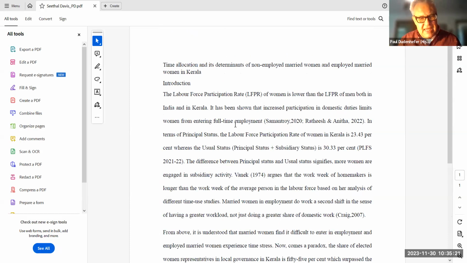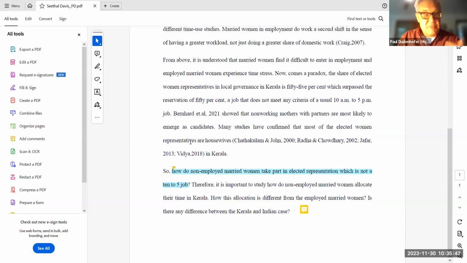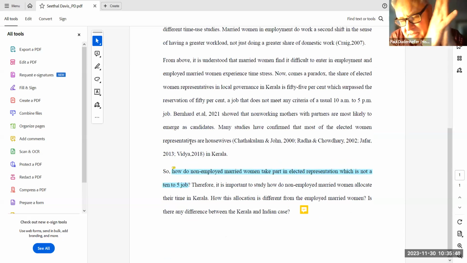It's a question that is out there in the literature that needs an answer, that needs further evidence, that needs additional support, or whatever it might be. Let me ask you this, Seethal. Tell me how the question you are pursuing, how does that relate to the existing literature on this subject?